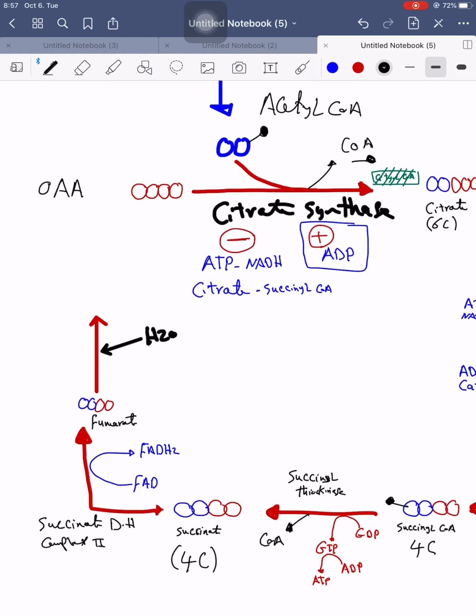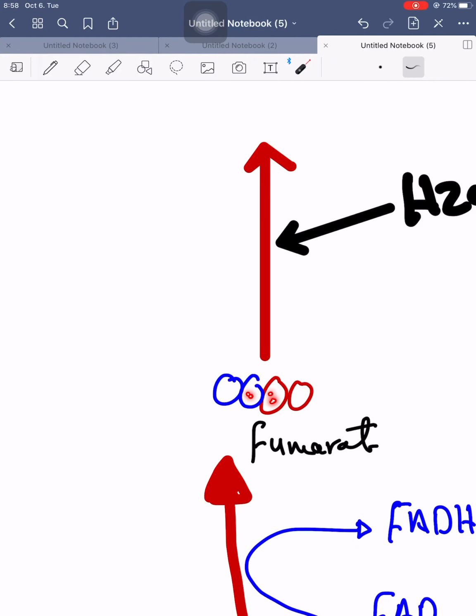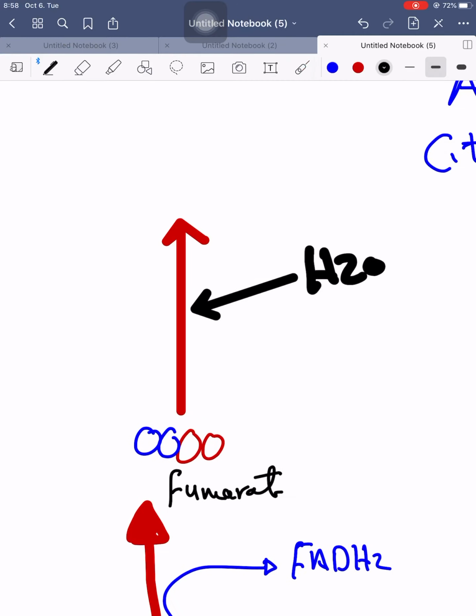It is a kind of change in the structure, because fumarate has a double bond between carbon number 2 and number 3. The chemical details of what happens between the atoms are not important for you, but just know that when we add water to make a hydration, there is a change in the structure, because between carbon number 2 and carbon number 3 there was a double bond. After you add water, there is no double bond.